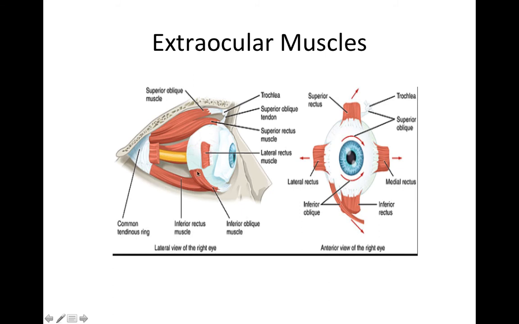And it also innervates the inferior oblique muscle. You do need to know these cranial nerves and what muscles they innervate for your board exam. A lot of times I just remember that the abducens nerve innervates the lateral rectus, the trochlear nerve innervates the superior oblique, and cranial nerve 3, the ocular motor nerve, innervates everything else.